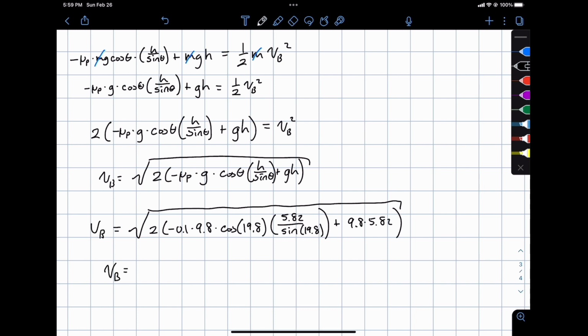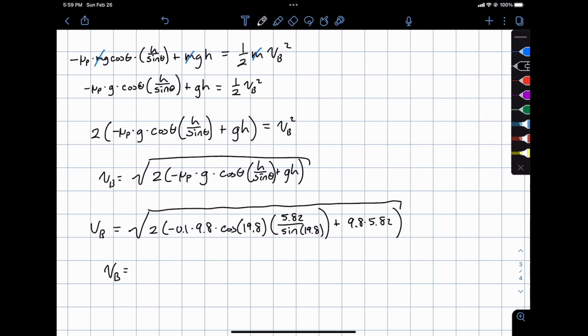And we can dump this into our calculator and see what VB is. So 2 times negative 0.1 times 9.8 times cosine 19.8 times 5.82 over sine 19.8 plus 9.8 times 5.82.